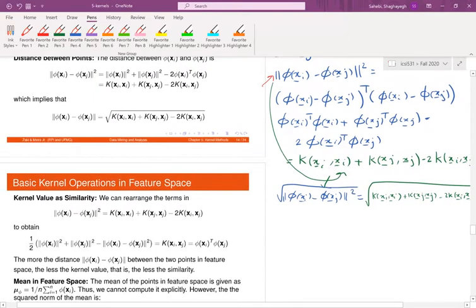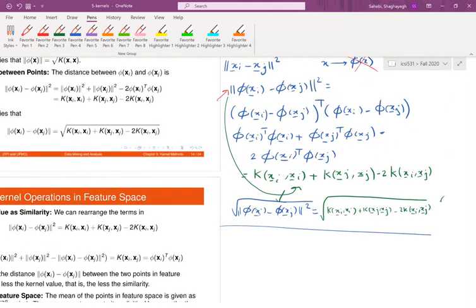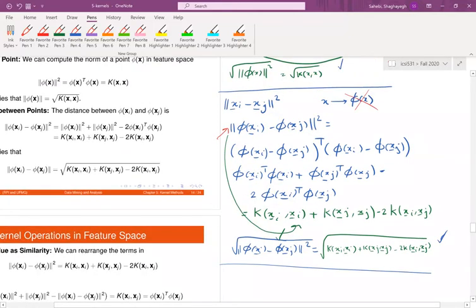So that will give me the distance between the two data points. Okay, so that sounds good. So we can calculate the norm of a data point and the distance between two data points using the kernel matrix without having direct access to phi of x.